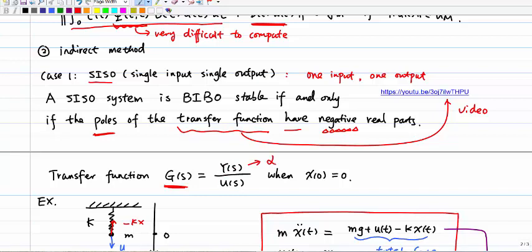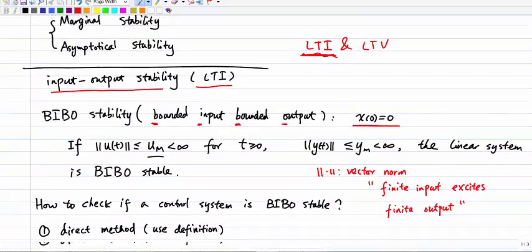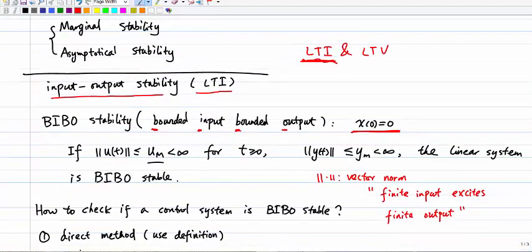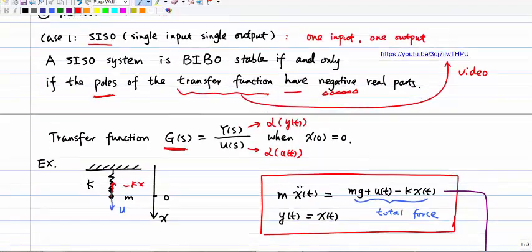This is the Laplace transform of y(t), and this is the Laplace transform of u(t). Also the initial condition is set to 0, which is consistent with what we say here. So the transfer function is the Laplace transform of the output divided by the Laplace transform of the input when the initial condition is set to be 0.